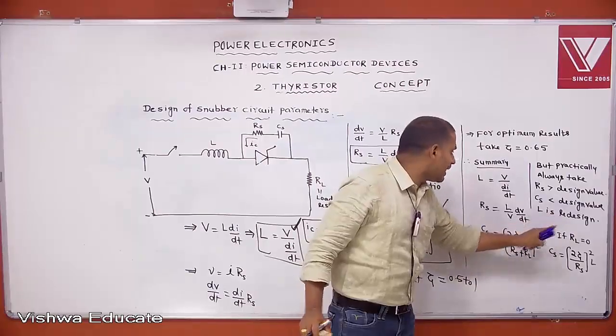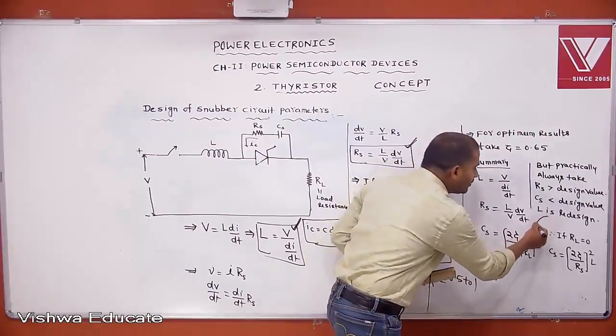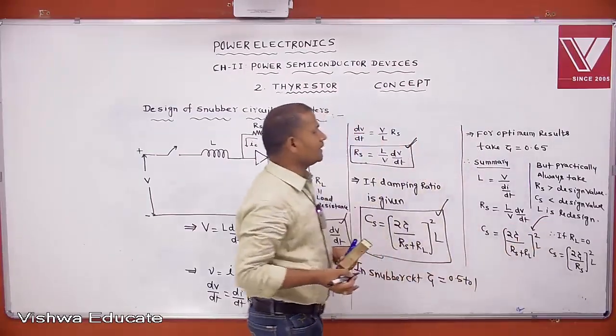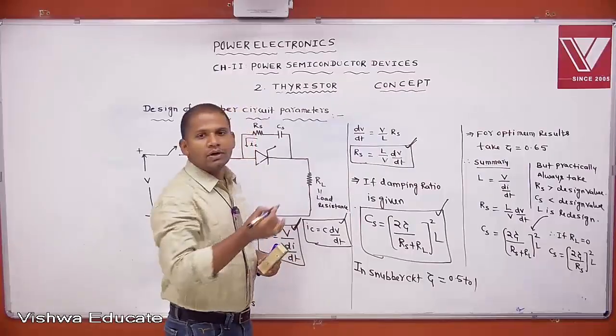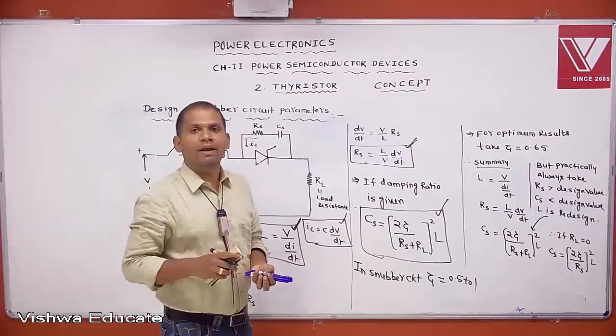L is redesigned using this formula. This is about the design of snubber circuit parameters.